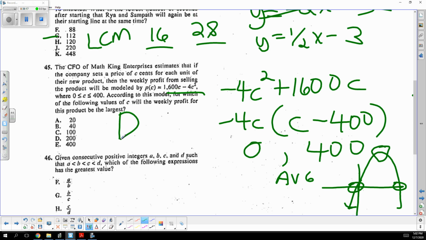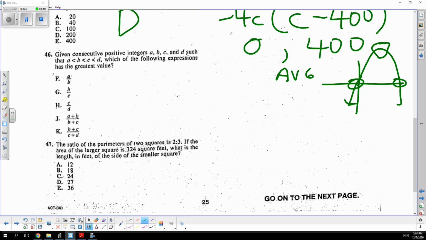So it's going to be the average of the zeros. For this one, I just put numbers for their values. And the greatest is actually going to be not A over B, that's 1/4. Not B over C, but it's C over D that is the biggest.